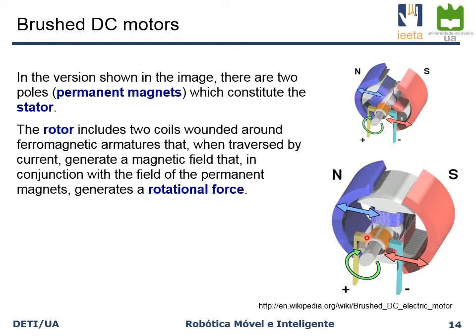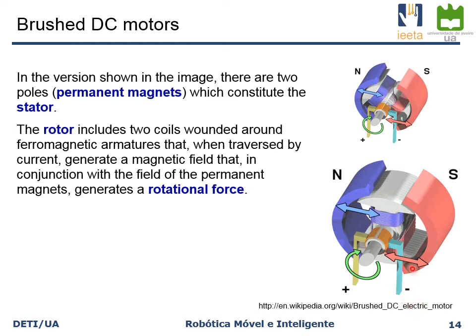One of these copper parts is connected to the top coil, the other is connected to the bottom coil. So in this configuration, the positive part of the voltage is being applied on one side of this coil and will move in this direction. So this will generate a magnetic field that will attract this part into the North Pole.